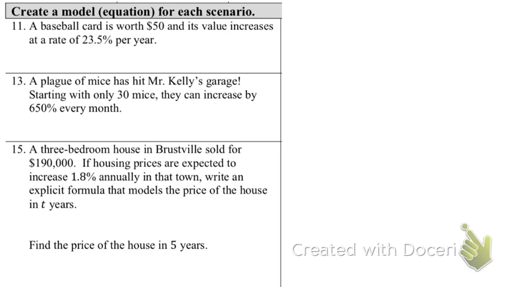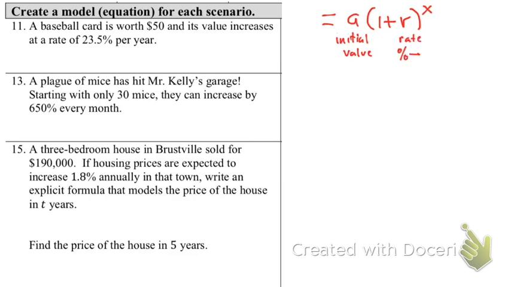So what we have to remember is that we are creating an equation, and the equation has two types of formulas. The first formula is this. A is your initial value. This is just number one, and R is your rate.